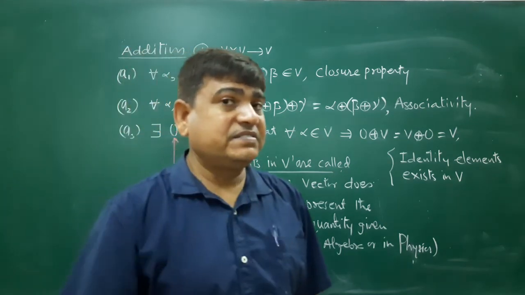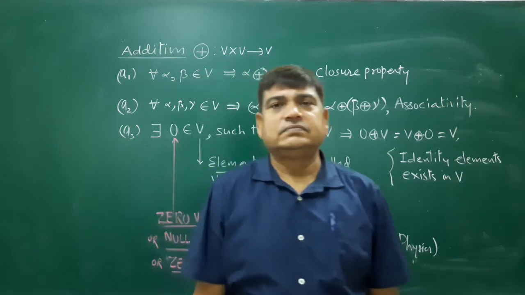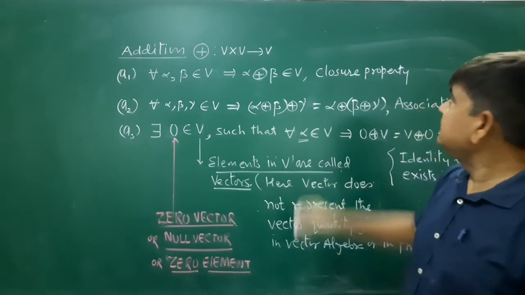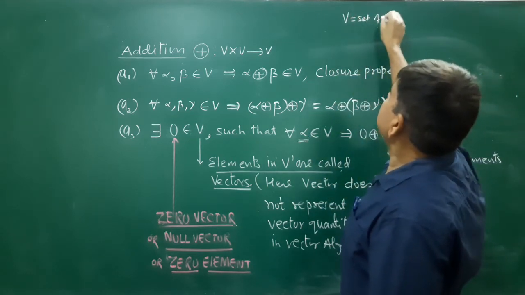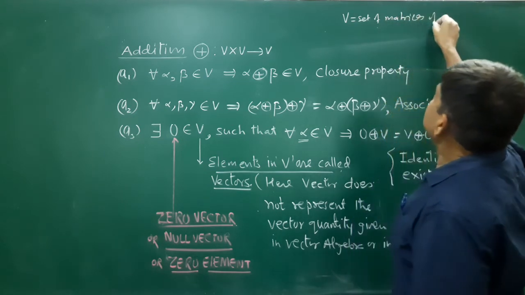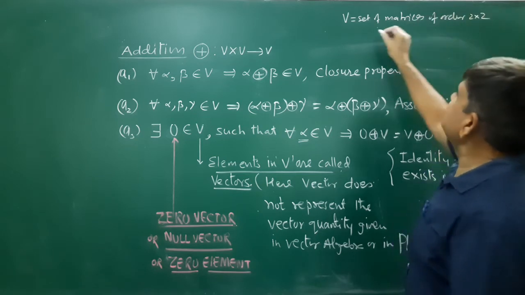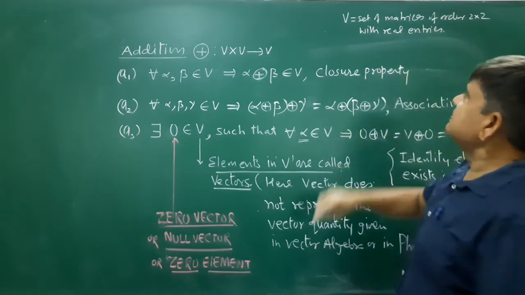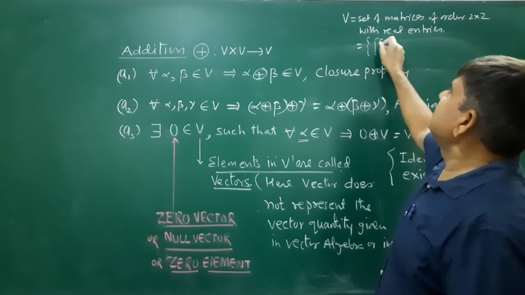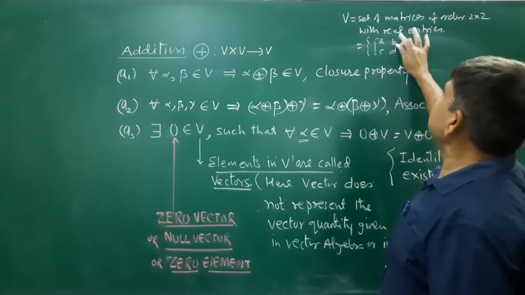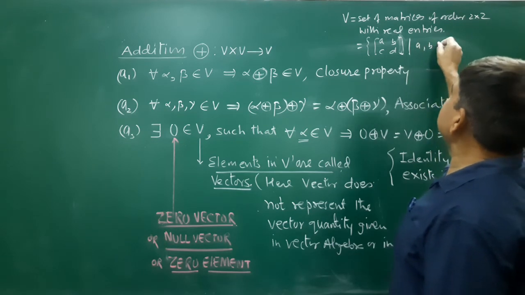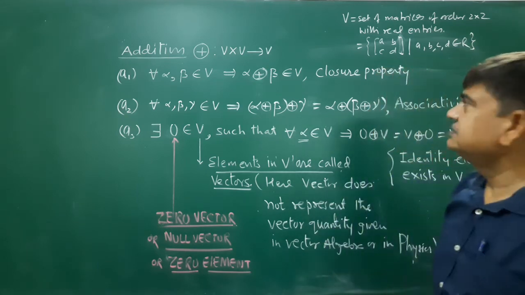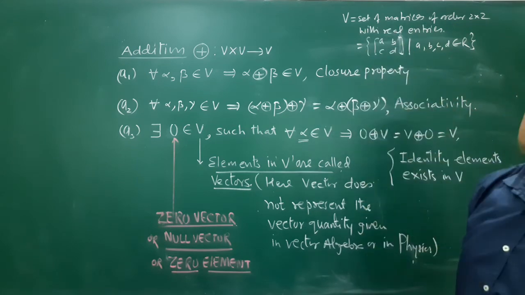If V is the set of matrices of order 2 by 2 with real entries, then alpha belongs to this set of matrices of order 2 by 2.